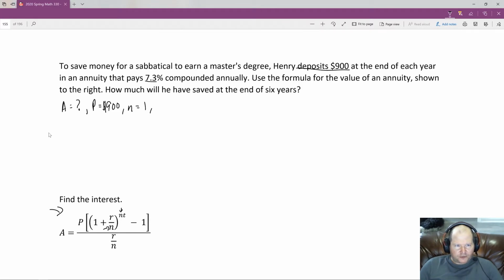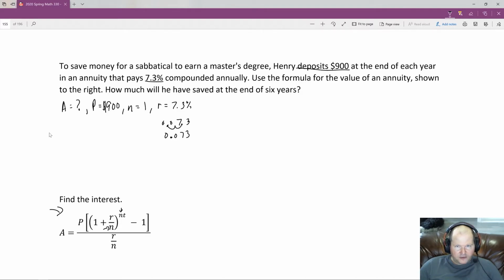We have 7.3%, which is our R. And 7.3% is the same as 0.073, the decimal. So we are going to use 0.073 as the decimal equivalent of 7.3%.